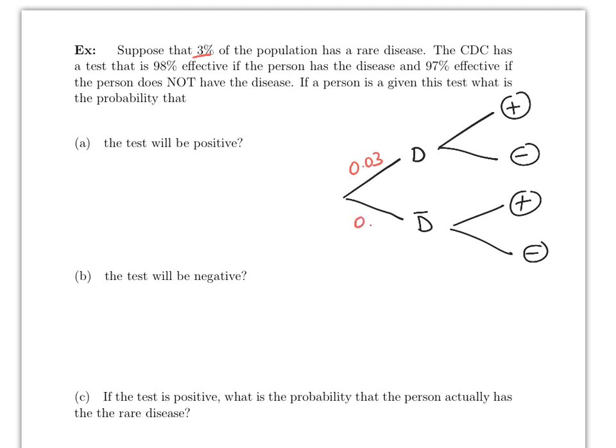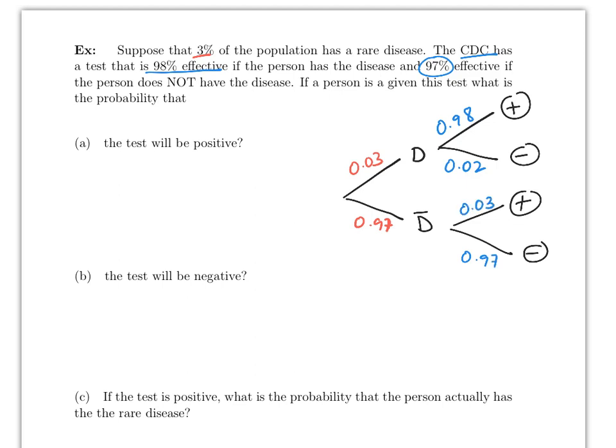So therefore, the probability that somebody doesn't have the disease is 97%. He also says that if you have the disease, the CDC has a test that is 98% effective, which means it's a 98% chance here, and this should be 2%. If the person doesn't have the disease, the test should be negative. So this is 97, this is 0.03.